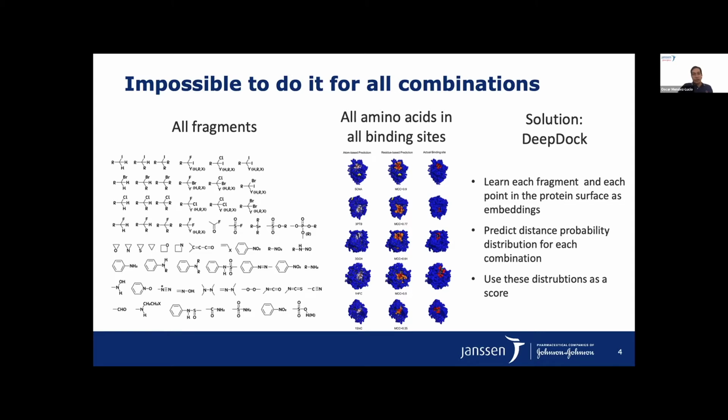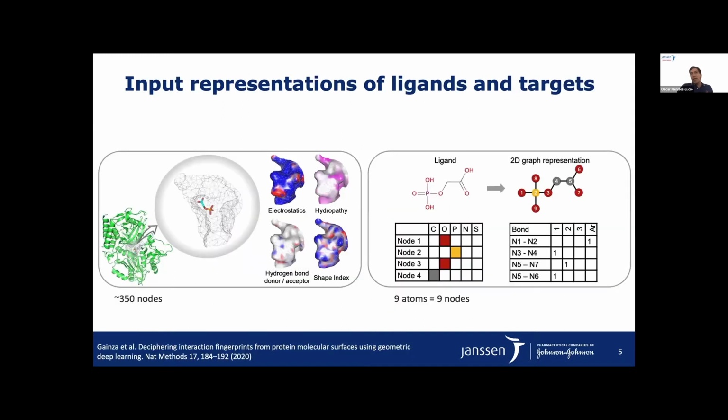For doing this, the first real challenge was to find a way to describe the binding site and, of course, the ligand. I think at this moment, the biggest challenge is how to describe the binding site. But luckily, last year, in 2020, this group published a way to describe protein surfaces using a mesh.